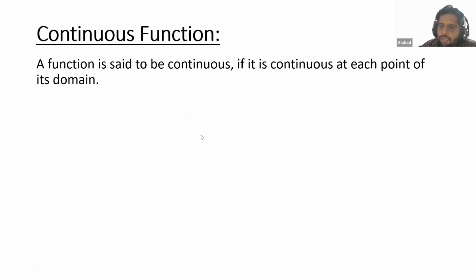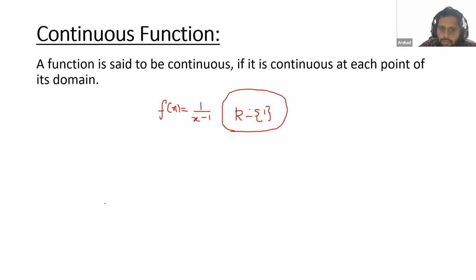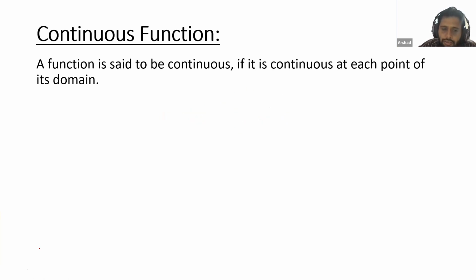In the previous question, we checked that the domain is R except 1. So if this function is continuous at all these values, R except 1, then we will say that the function is continuous. I hope everyone has understood the difference between the previous topic and this topic.